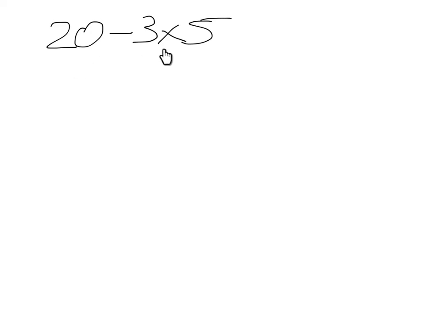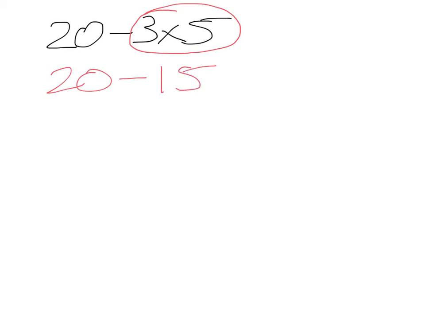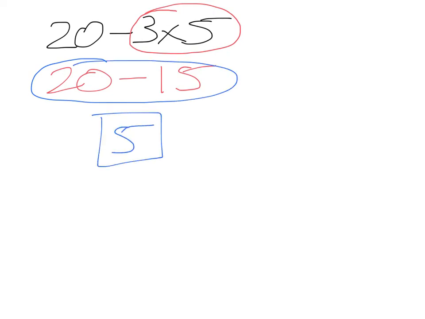That's not a multiply or divide, but this is. So I'm going to do this first. The way I do it is I always circle the operation I'm going to do. So I'm going to do 3 times 5. That's going to give me 20 minus 15. There's no more multiplying or dividing in there, so all that's left is a simple subtraction problem, and 20 minus 15 is, of course, 5.